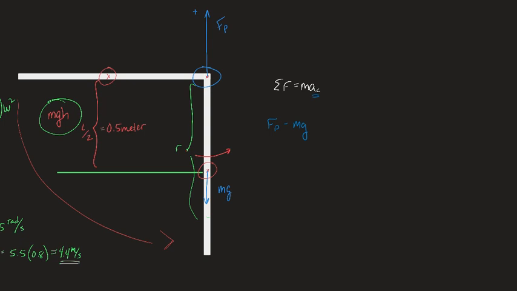Now, you have a choice on whether to use v squared over r or you want to use omega squared times r. This part is not obvious and is new information. This whole thing is about the mass, not about its shape. So this is about where the center of mass is moving.